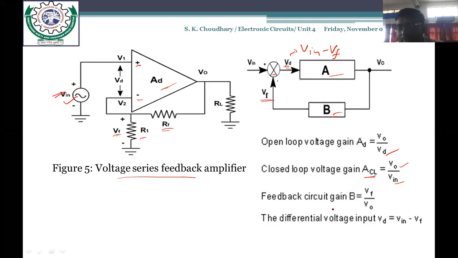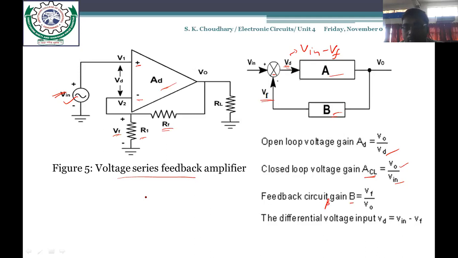Now the feedback circuit gain. In the transistor section we used the term beta. You can use beta here also, but here we have used capital B as the feedback circuit gain, that is Vf upon V0.